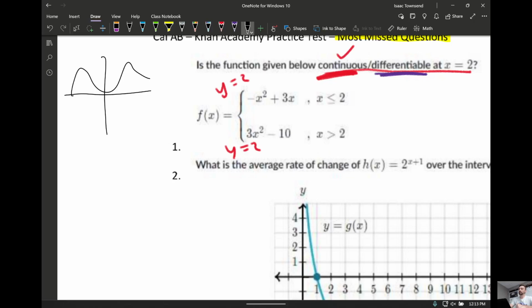What's another word for a derivative? Slope. So what if the slope doesn't exist? Like here, right there, you can't take the derivative at that point. It's not continuous. It doesn't have a slope at that point. What's another way that a graph doesn't have a slope, doesn't have a derivative?